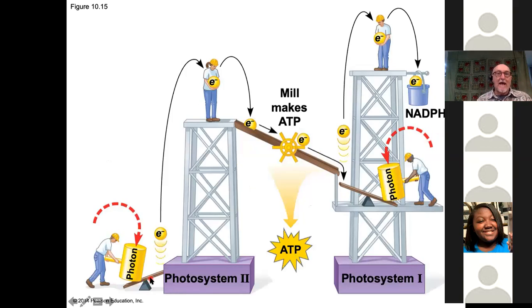So this diagram is a simple analogy for you. We can have a look at an electron. Its energy is boosted by sunlight to a very high level. It tumbles down through an electron transport chain. The first electron transport chain makes ATP. That electron actually replaces another electron which has been boosted to a high level here, and that electron is used to make NADPH.